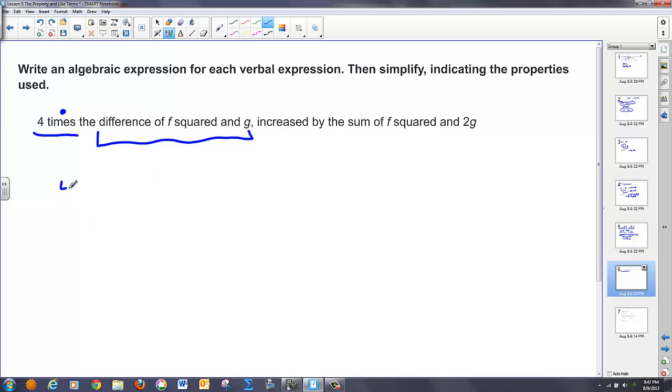So we have 4 multiplied by a difference of f squared and g. And that's going to be increased by, so I'm going to add the sum of f squared and 2g.